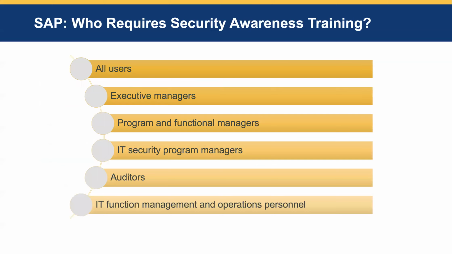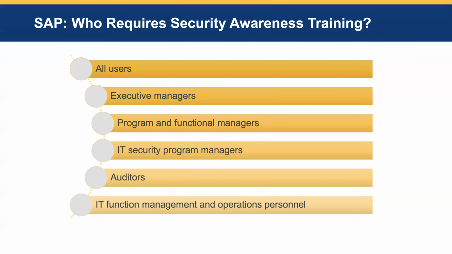It could be executives who would represent policy level and governance principles with regards to security. It could be program and functional managers. And so the program and functional managers can include security management, planning and implementation, and also risk management and contingency planning.